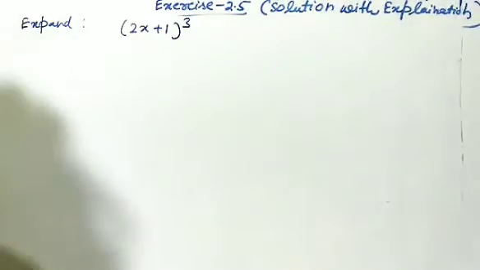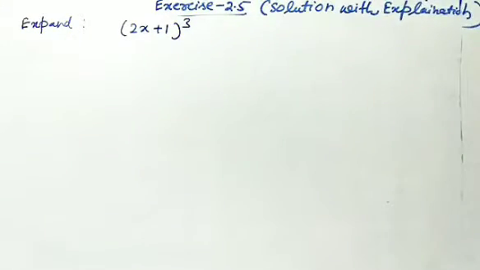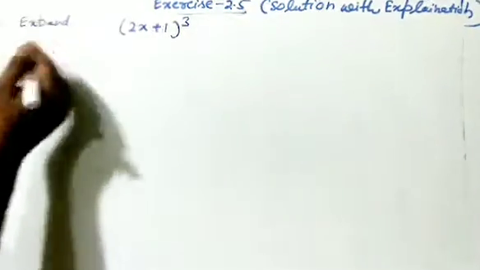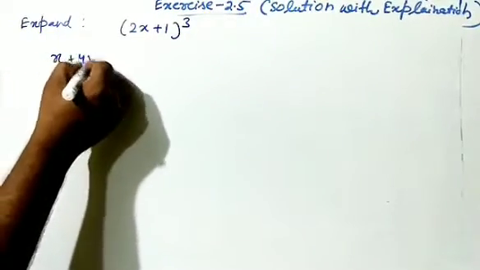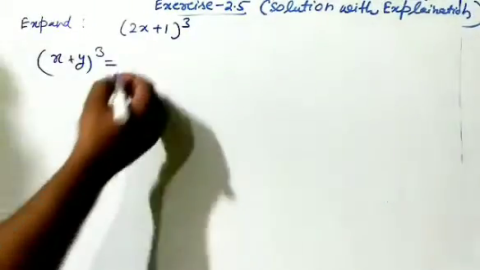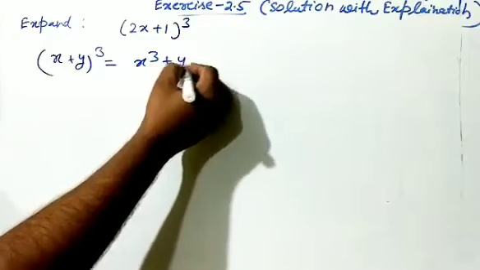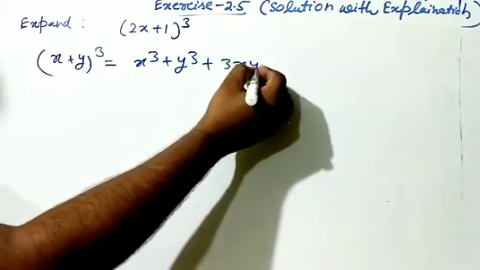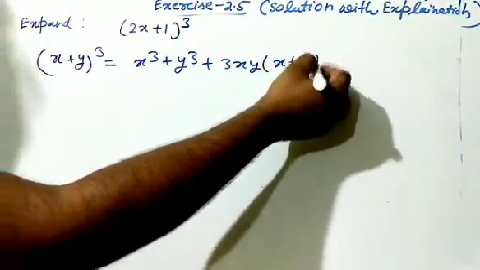The next question, question number 6, we have to expand (2x + 1) whole cube. So we will apply the identity (x + y) whole cube. What is the formula of this? x cube plus y cube plus 3xy bracket x plus y.